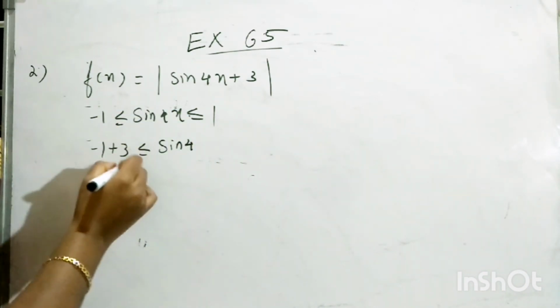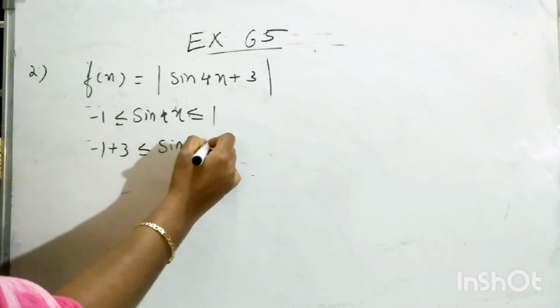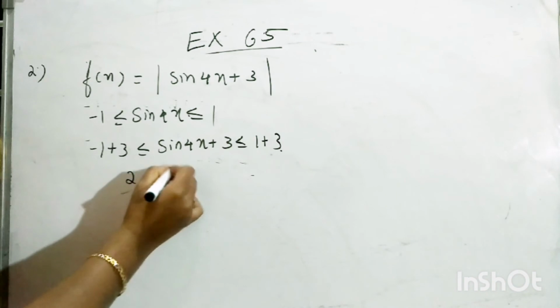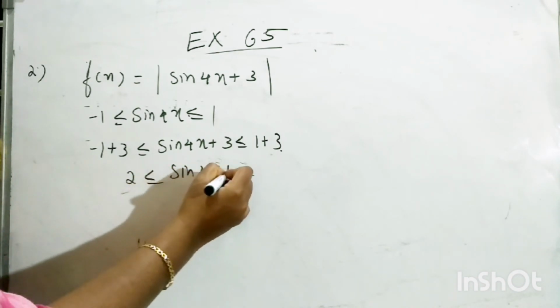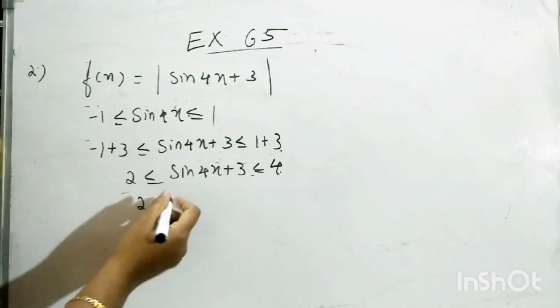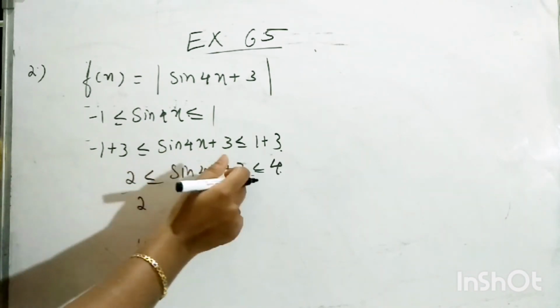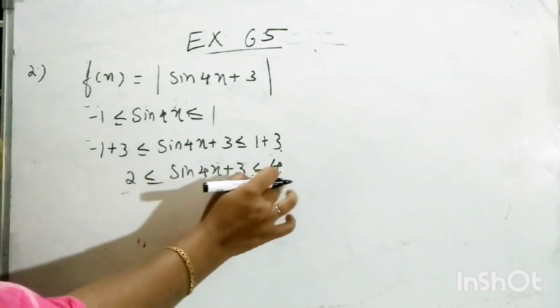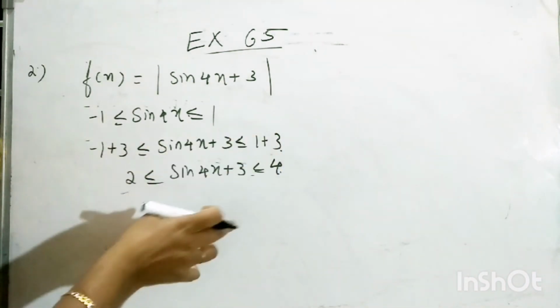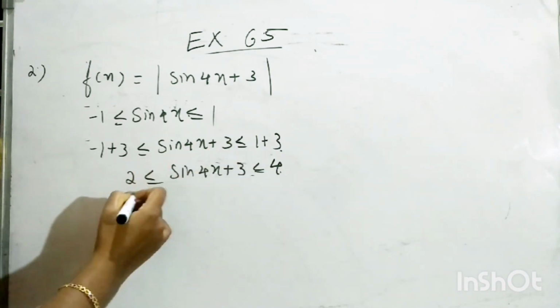So minus 1 plus 3 less than or equal to sine 4x plus 3 less than or equal to 1 plus 3. We will get 2 less than or equal to sine 4x plus 3 less than or equal to 4. This lies in between 2 and 4, and 2 and 4 are positive. So if you take modulus throughout, what you will get?